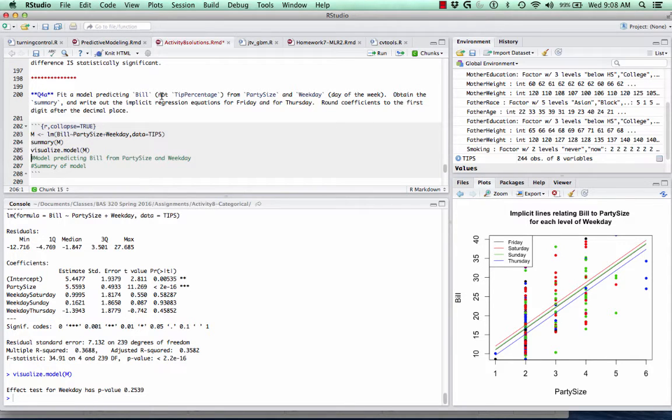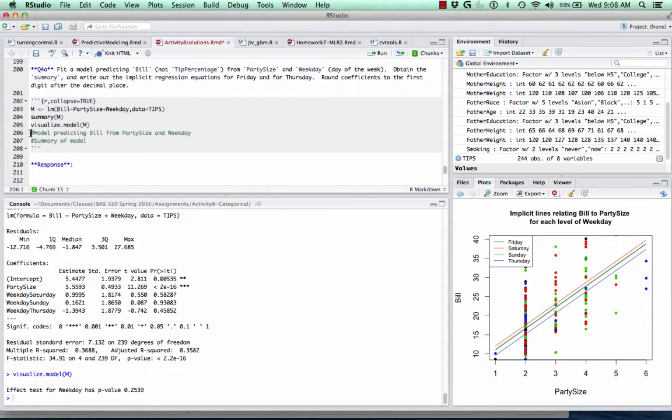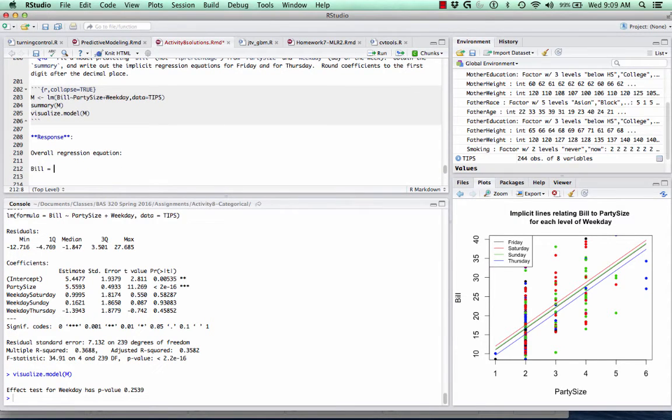All right, so write out the implicit regression equations for Friday and for Thursday, rounding the coefficients to the first digit after the decimal place. So, all right, we have the overall regression equation. How do we do this? We say that bill amount is equal to the intercept, basically 5.5, plus 5.6 party size, plus 1.0 weekday Saturday, plus 0.2 weekday Sunday, minus 1.4 weekday Thursday.